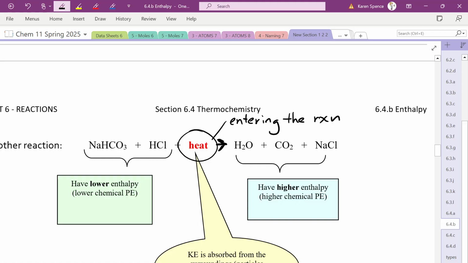And we are told that the reactants on the left have lower potential energy, and the products on the right have higher potential energy. Where did that extra potential energy come from? We started low, we finished high. Where did that extra potential energy come from?